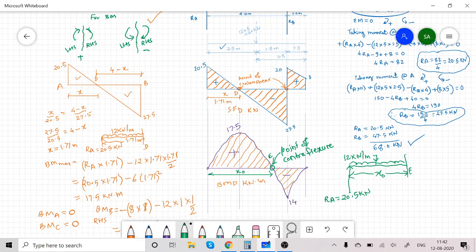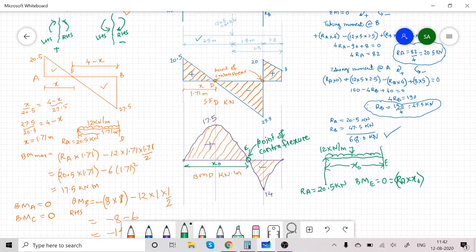Now, if I write the equation, bending moment at E is equal to 0. See, here the bending moment diagram crosses the baseline. So the bending moment at this point E, which is at the point of contraflexure, is 0. So bending moment at E is 0, which is equal to Ra into x0 minus 12 into x0 into x0 divided by 2.